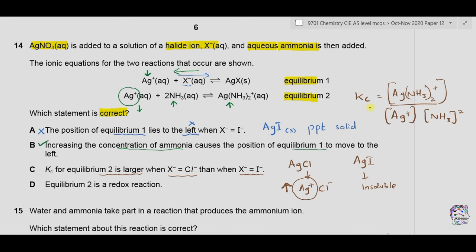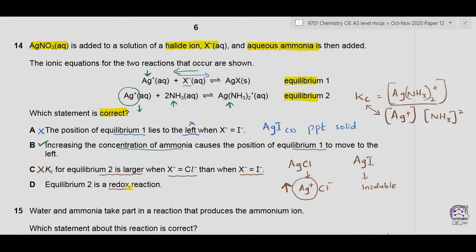So as we can see, the value of Kc is inversely proportional to the concentration of Ag plus. When Ag plus increases, the value of Kc will decrease. So when X is Cl negative, Kc for equilibrium 2 is smaller. So C is incorrect.